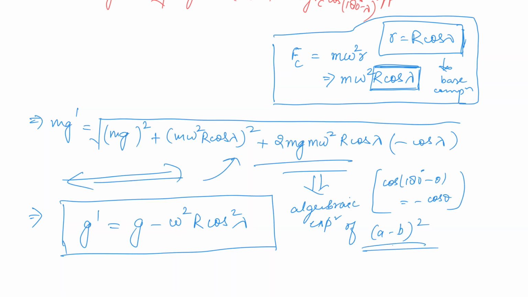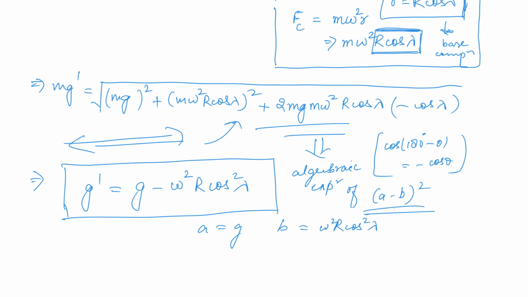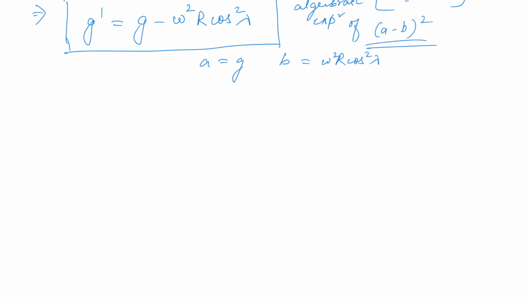When this comes, see, a will be small g and b will be omega square r cos square lambda. So for the rotation, we got this expression, cos square lambda.